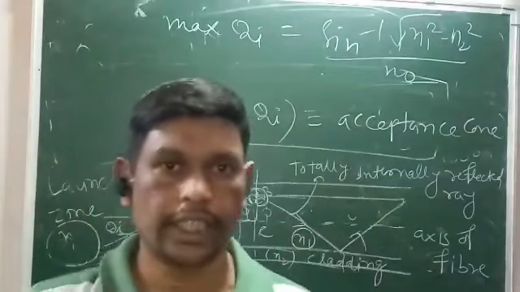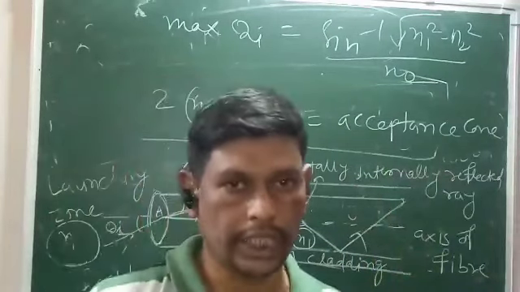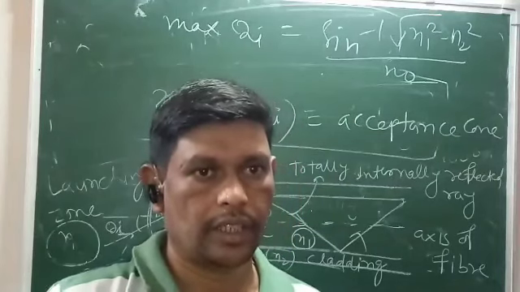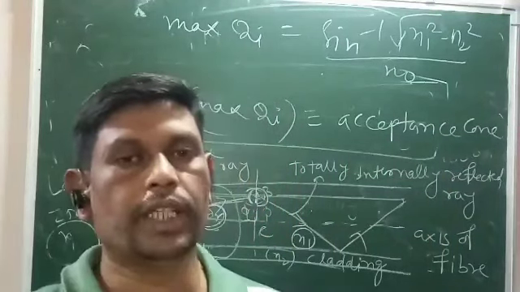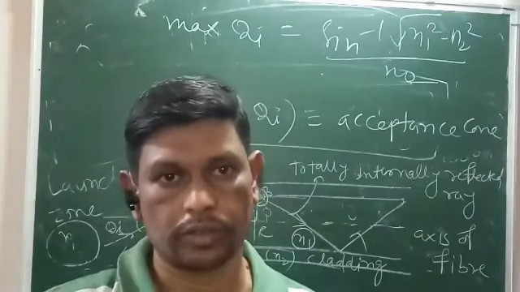The light rays contained within a cone having full angle 2 theta I, that can be accepted by the fiber and transmitted by the fiber, is called the acceptance cone.